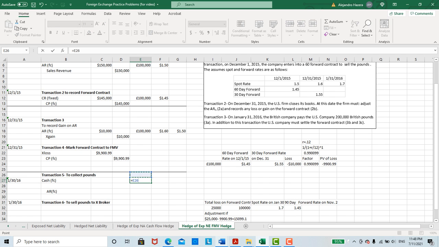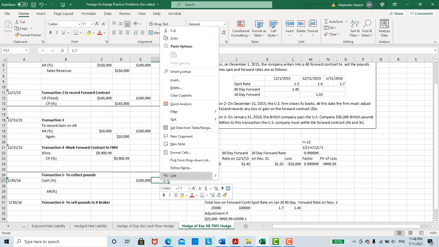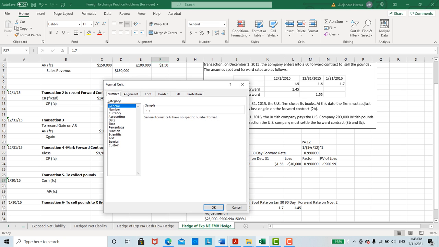Collect cash. The base is 100,000. That cash today is worth $1.70 each.